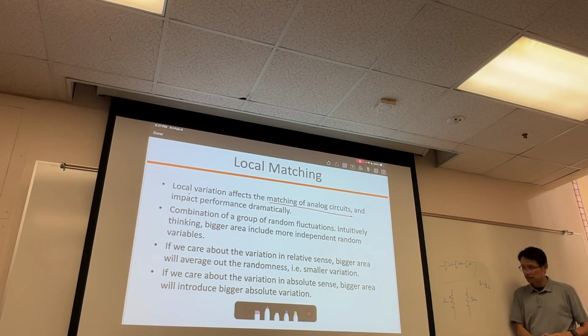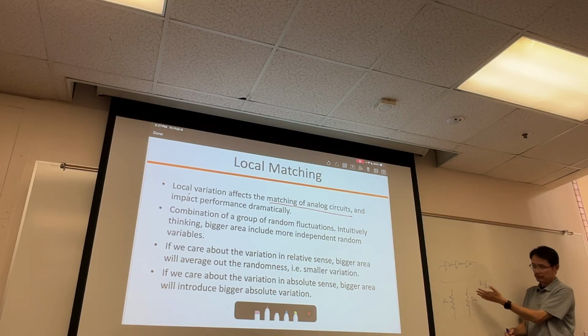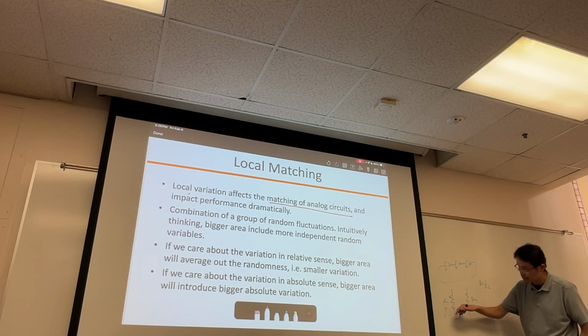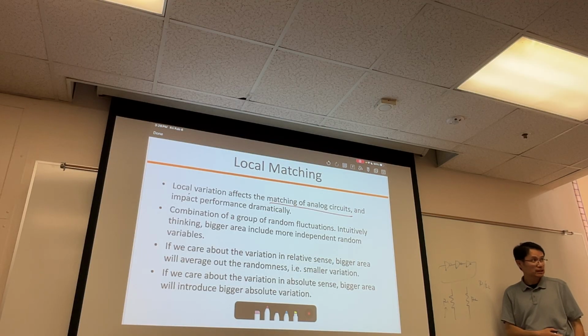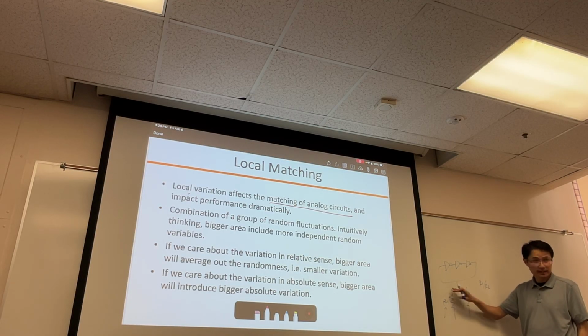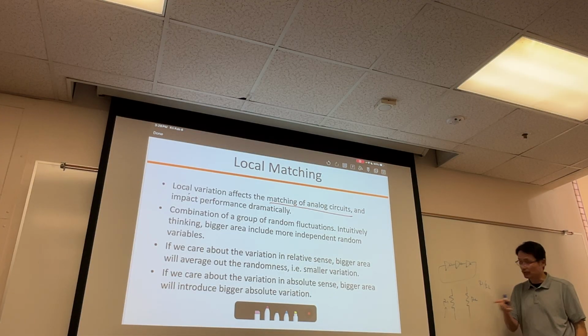However, in some cases you say, no, I'm not just caring about these two. I care about the variation on the absolute value of that resistor. In that case, if you make it larger, you're going to have more variation on the absolute value. Let's say I want to make this 1 kilo ohm.